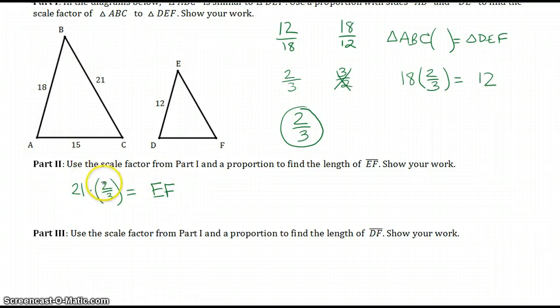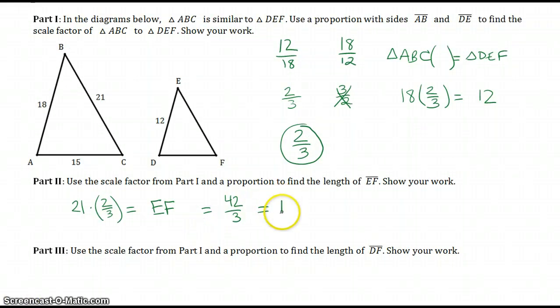Okay, so 21 times 2 is 42. So that's 42 divided by 3. And 42 divided by 3 is 14. So the length of segment EF is 14.